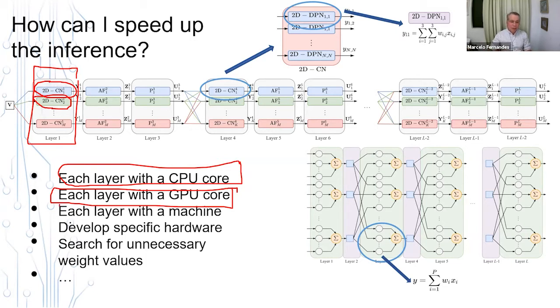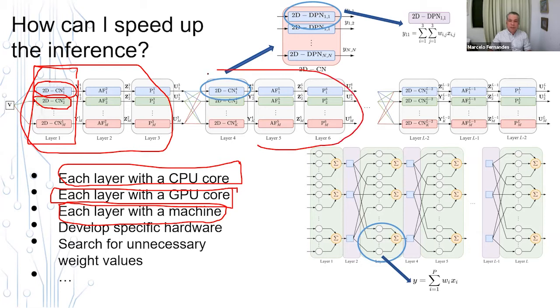Or each layer with a machine. For example, I can make distributed computing. I can put this part in one machine and this part in the other machine. I can make a distributed processing.